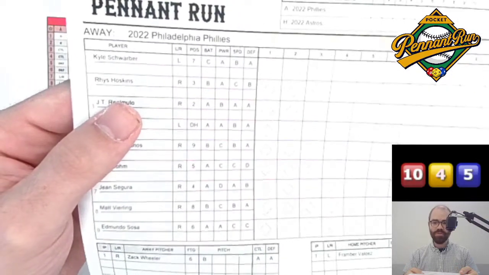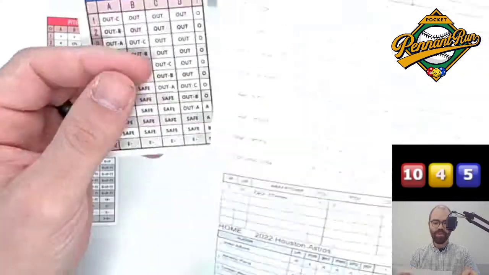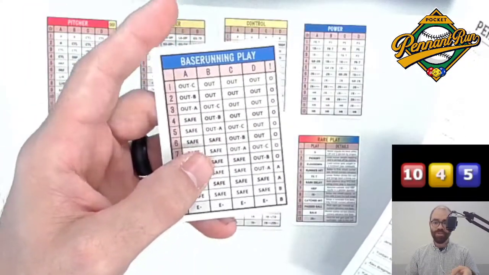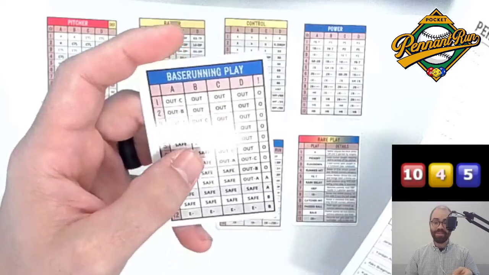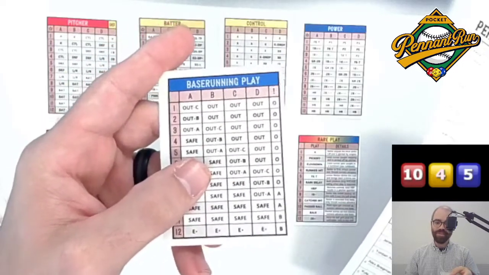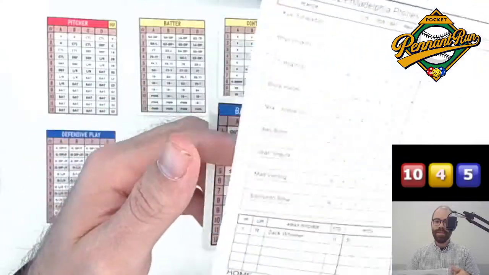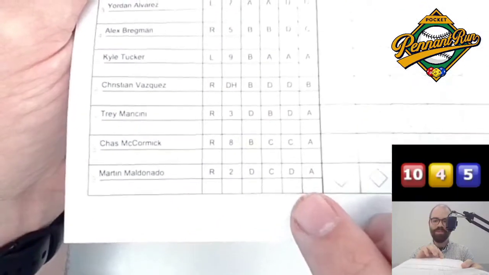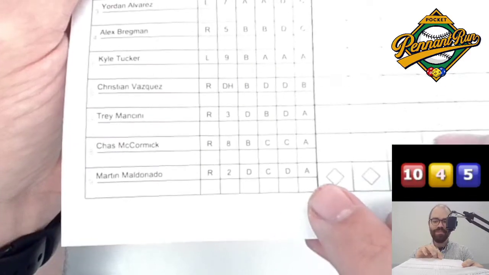So the first thing we're going to do, knowing that he is B speed, is use the B column of the base running chart to determine whether he is able to steal that base or not. And we're talking about stealing from first to second. In addition, we're going to look at the catcher's defense rating, which is Maldonado, and he is an A defense.